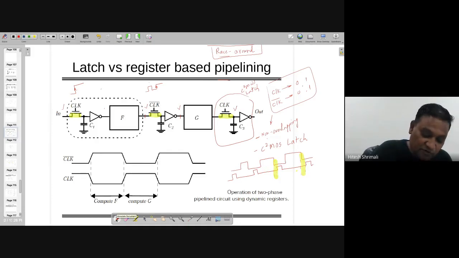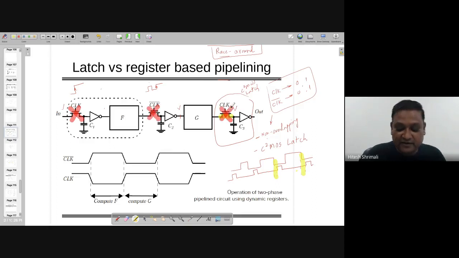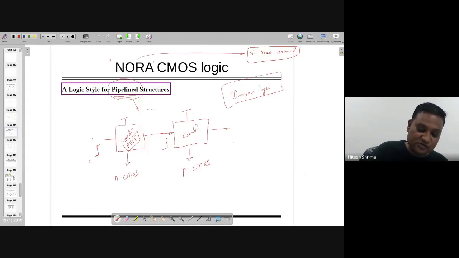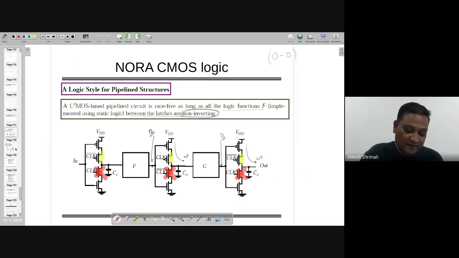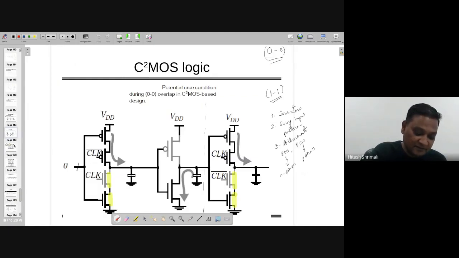But during the 0 0 time, it's going to latch the previous output, right? Everything is off. So wherever they are, they will stay there, right? That's why you take the C-square MOS latch, and then you do all these things. And the C-square MOS latch itself is an inverter. There is one inverter already which is working at the clock. Okay, right? So any other doubt?